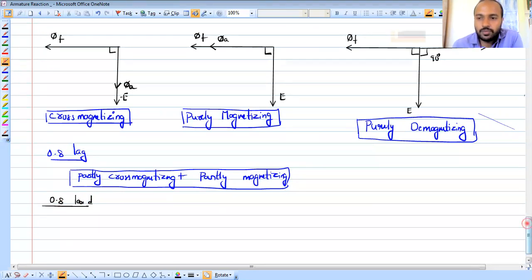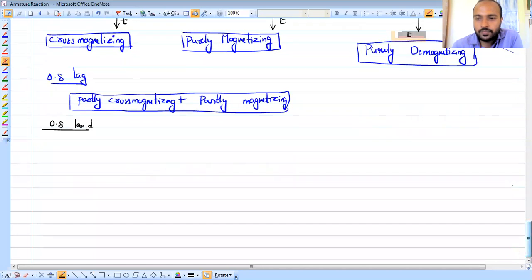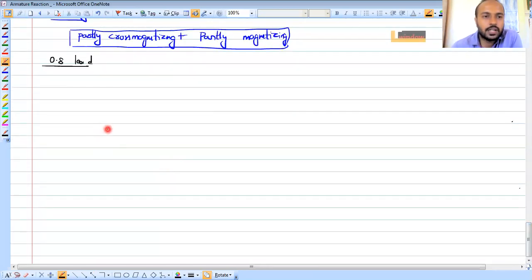So from this, I will draw the table for different power factors. Then it is better to remember. So here power factor, and for generator, and for motor.